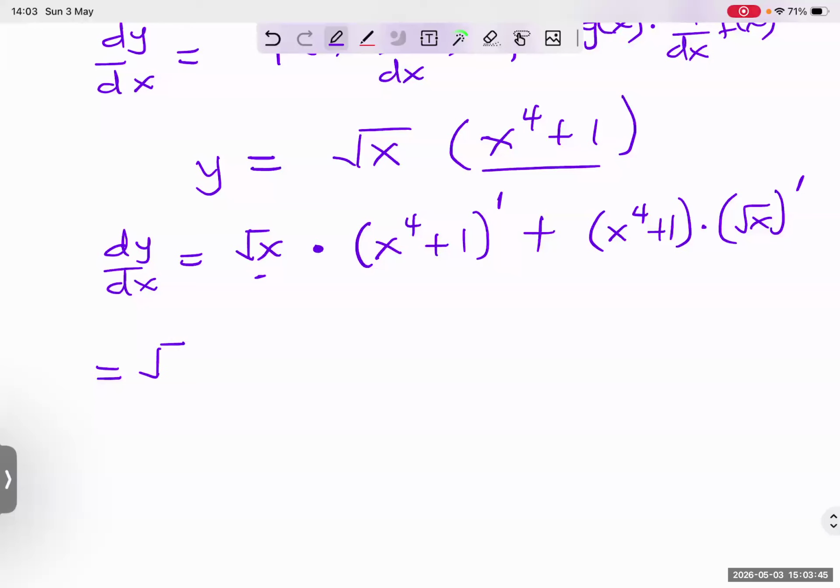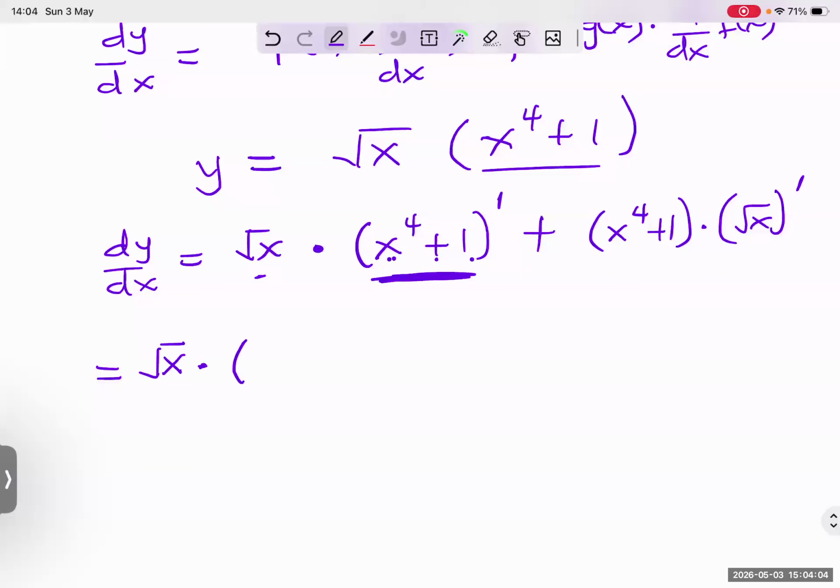Next is to do the differentiation. Since we kept root of x constant, if we are to differentiate what is inside this bracket, we need to differentiate x^4 plus we differentiate 1. x^4 is in the power form, and so we can use the power rule.